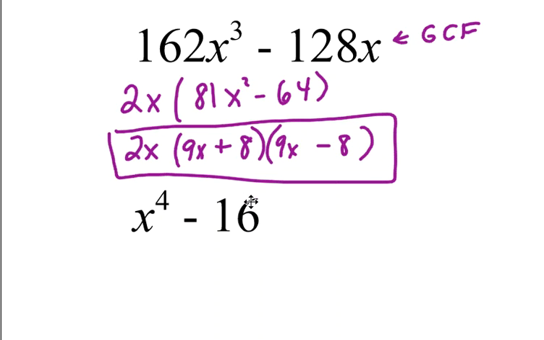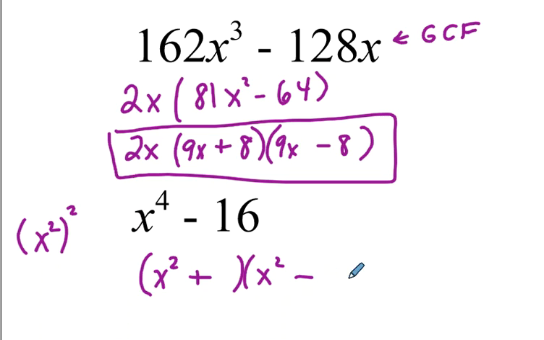X to the fourth is also a perfect square. It's actually x squared squared. So I'm going to start with x squared and x squared. One plus, one minus, and we have 4 and 4.